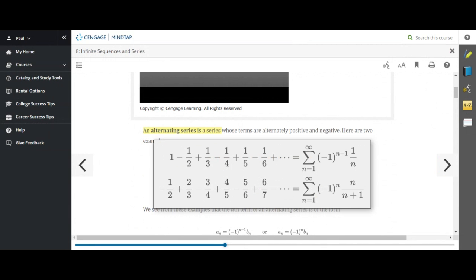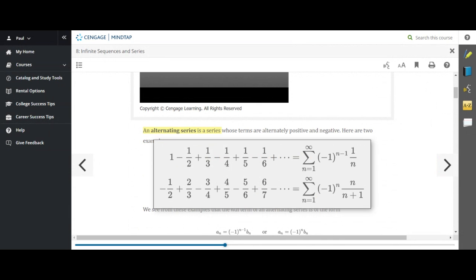So these are called alternating series. Look at the first series: 1 minus a half plus a third minus a fourth plus a fifth minus a sixth. And there they write out the series formula on the right. You see that the terms resemble the terms of a harmonic series, right?